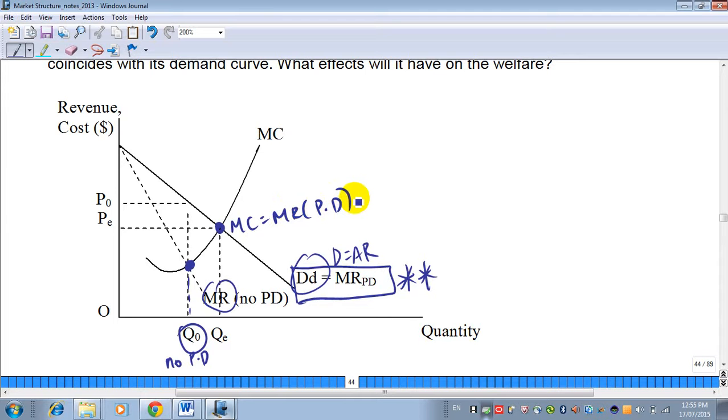You go down and you will get the quantity under price discrimination.